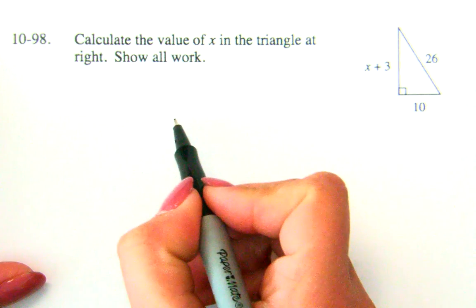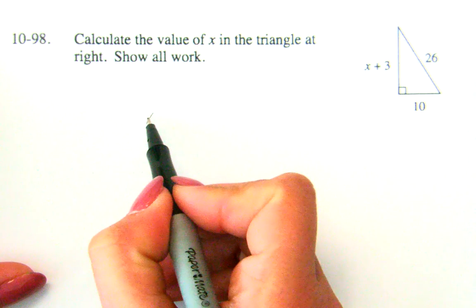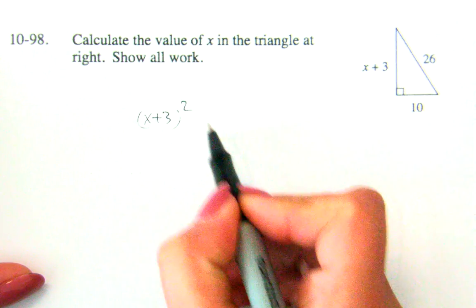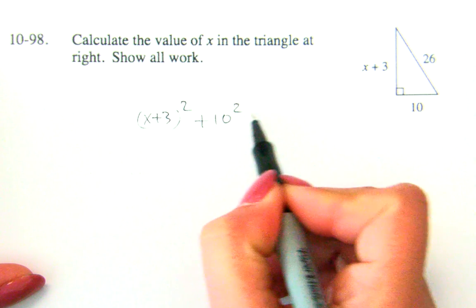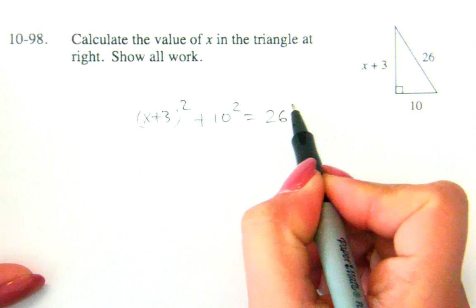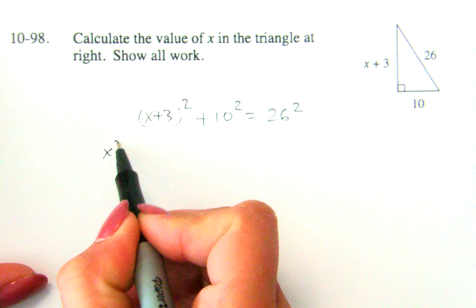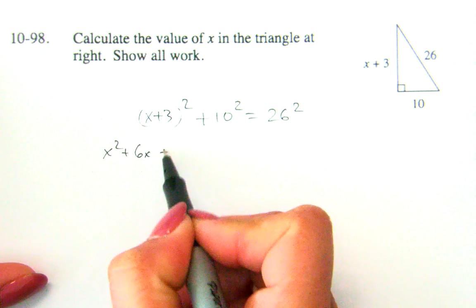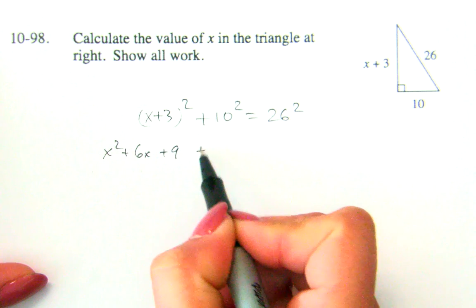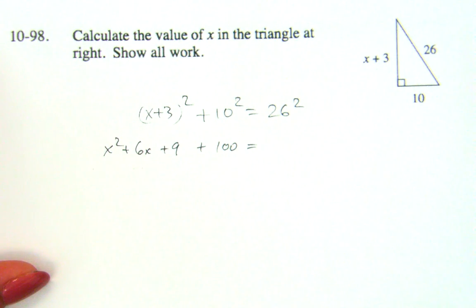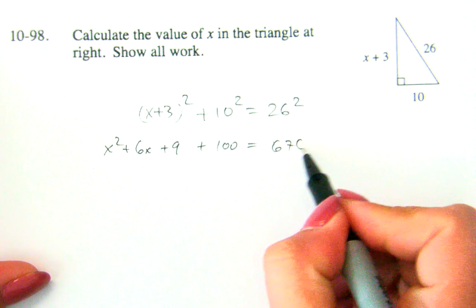So we have x plus 3 squared. So there's your leg, plus your 10 squared is going to equal 26 squared. So this one right here ends up being x squared plus 6x plus 9 plus 100 is equal to whatever 26 squared is, which I have no idea. 676.